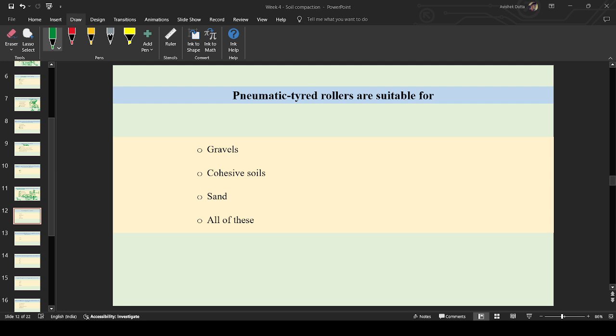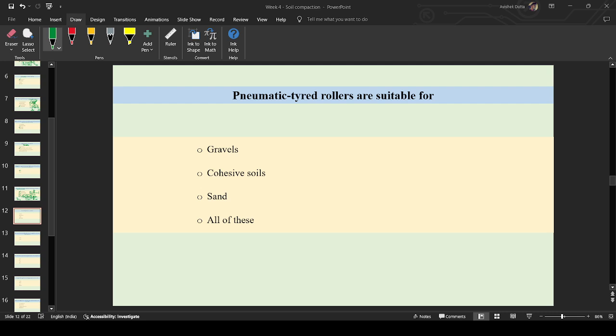And I have mentioned here suitable for. In some places I've seen it is said that it is better suited for well graded soil. In some places it is said better suited for fine sands or silty sand. But suitable for means it can be applied to all kinds of soil.